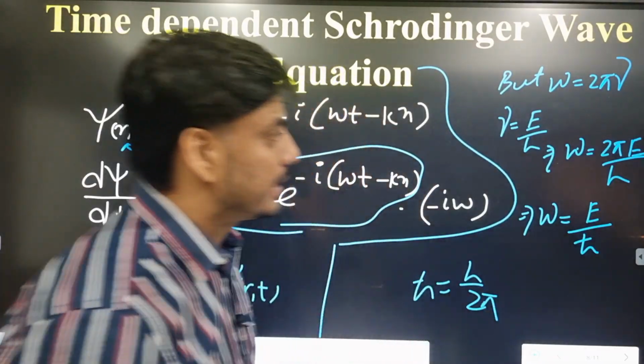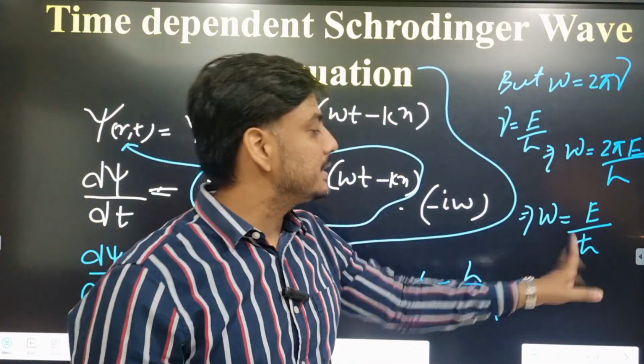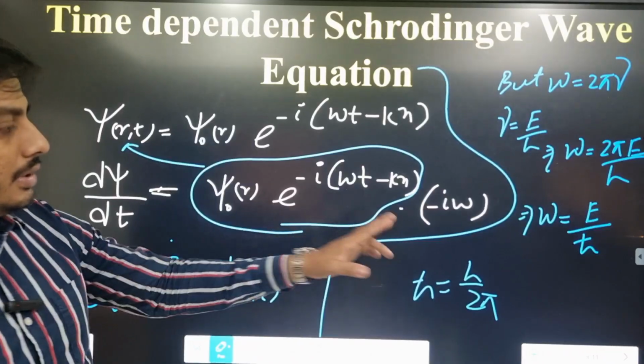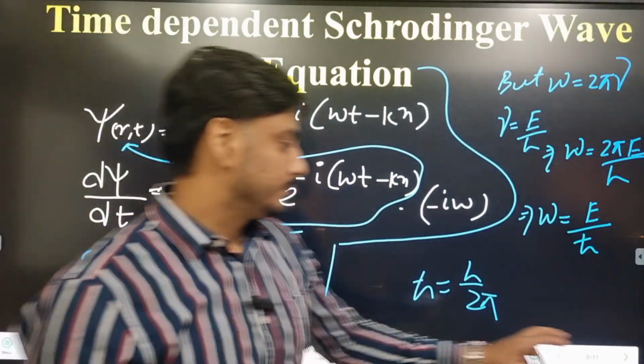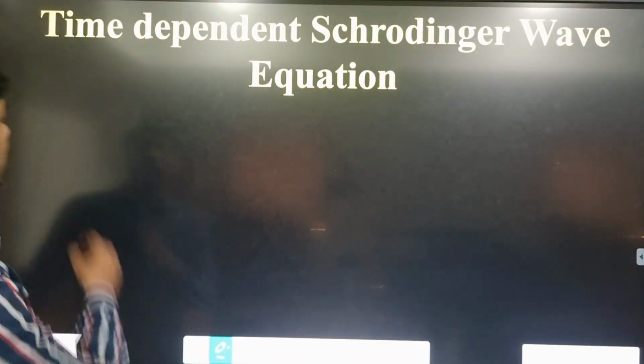This is just another constant. So we have 2 pi by h, and you can directly write h cross. So in place of omega, we can now write E by h cross.